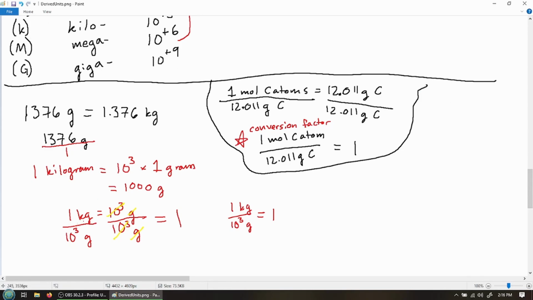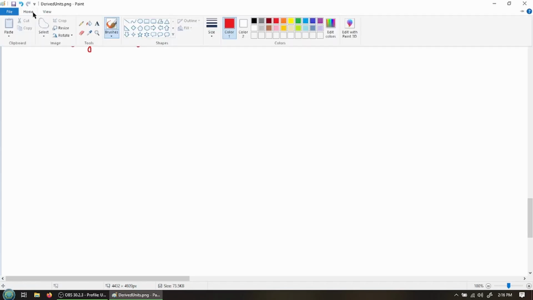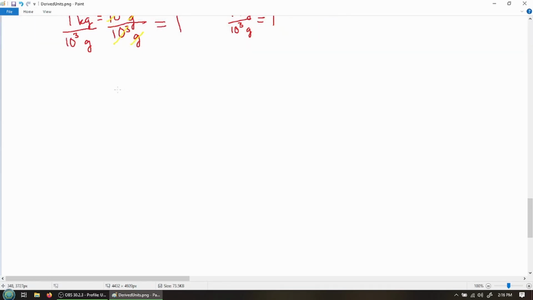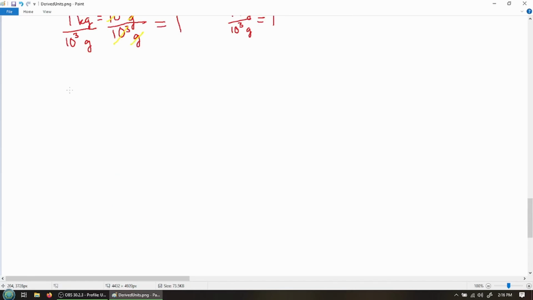Ugh, this thing doesn't like finding my mouse when I also have the tablet attached here. So going back to our original number, 1376 grams, let's take this and multiply it by 1. This isn't going to change the value. This still equals 1376 grams.